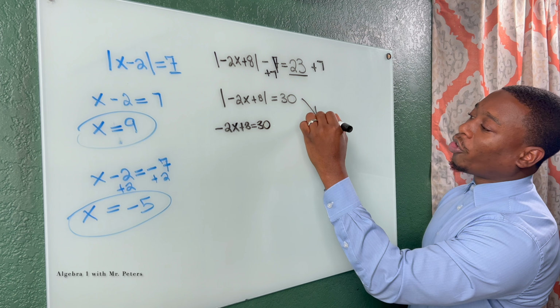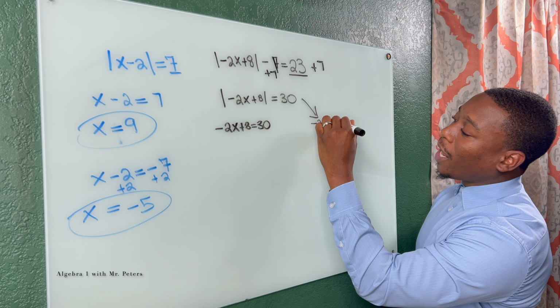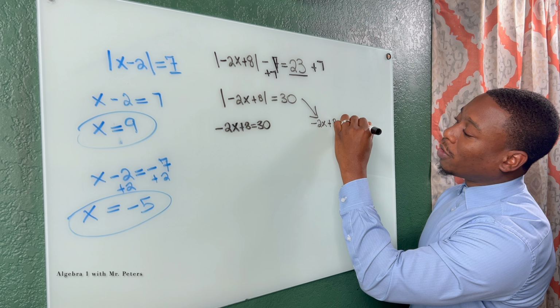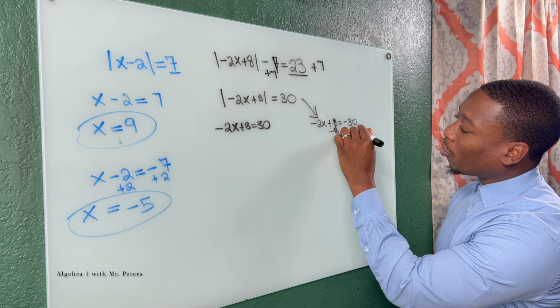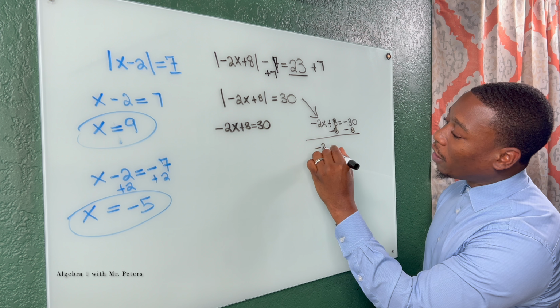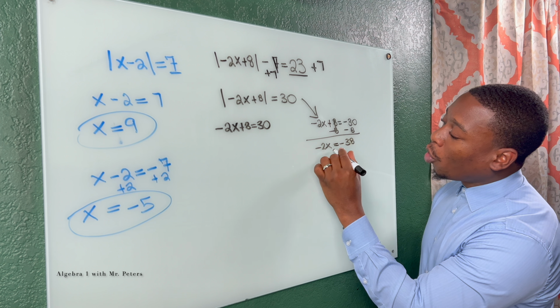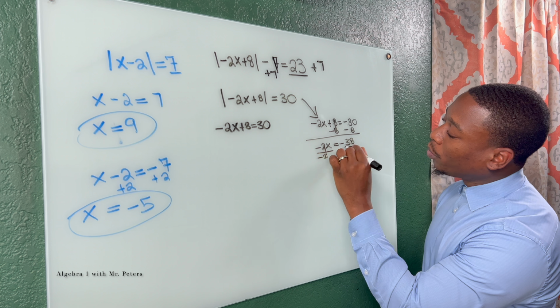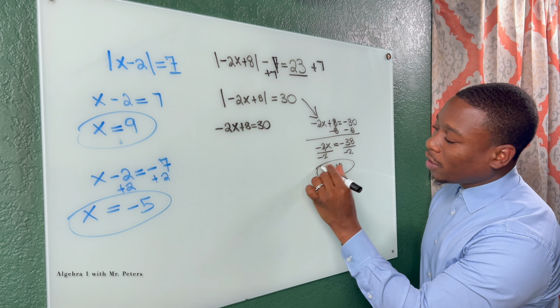And then we'll go ahead and create the same equation again and just make it equal to negative 30 instead of positive 30. So when I solve this negative one first, we subtract 8 like a regular equation. Negative 2x is equal to negative 38. When I divide by negative 2, I know x is going to be equal to positive 19.